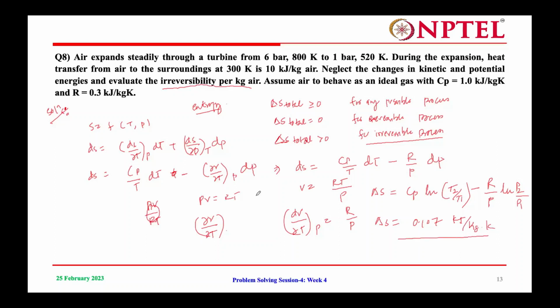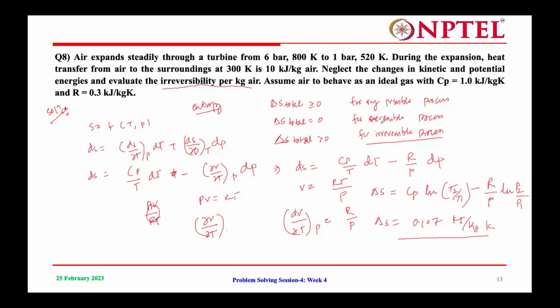Here is the first part. It mentions the heat transfer from air to the surrounding, so the heat transfer is 10 kilojoule per kg. Here we are getting the total change in entropy for the system.